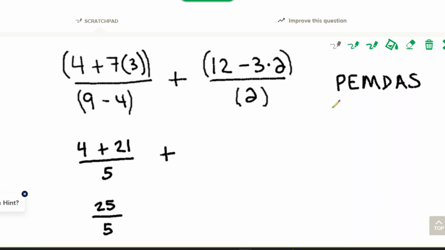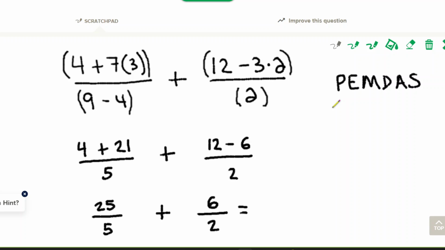Above the bar is the expression 12 minus 3 times 2. So I'm doing the multiplication first. That becomes 12 minus, and then 3 times 2 is 6. Fraction bar. And then 12 minus 6 is 6, so that numerator simplifies to 6, and the denominator was always just the number 2.